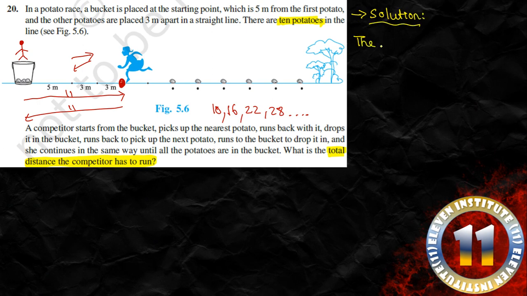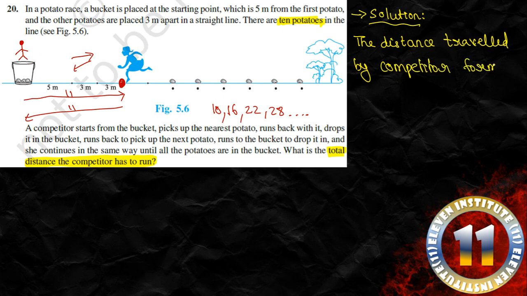The distance traveled by competitor forms an arithmetic progression. How does it form the arithmetic progression?